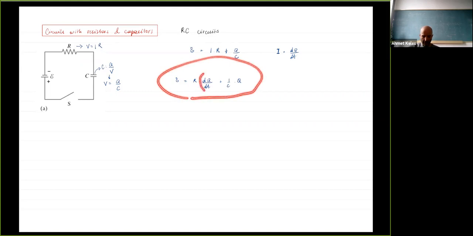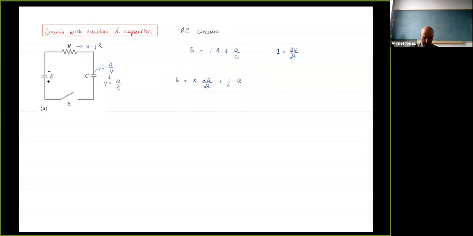And since there's only the first derivative term, this is called a first order differential equation. If you have never seen these equations, don't be scared. First order differential equations are very simple. All you need to do is to separate the dQ things in the equation from the dt things.